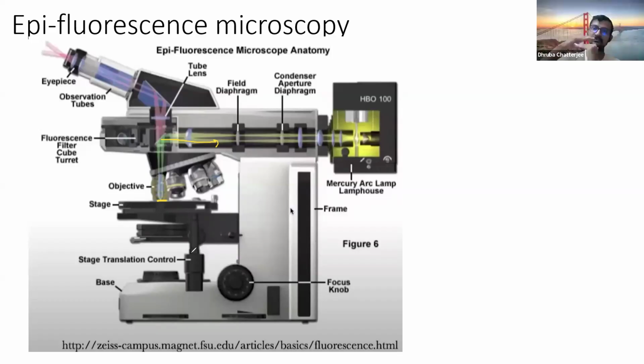Now, in this case, when you are exciting the sample as well as collecting the emission light, all the different planes are getting excited. Fluorophores present in all these different planes are getting excited, and the emission light is also being collected from all the different planes altogether. So you are not getting the plane specific information.